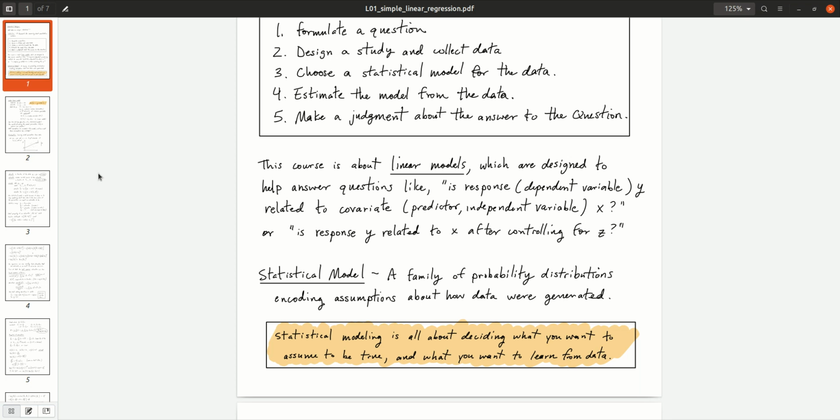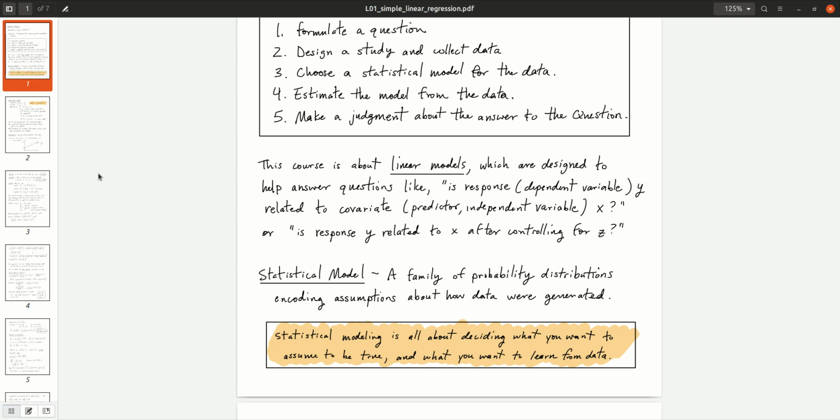There's some notion of probability associated with a statistical model. We represent our uncertainty about what the data are going to be with probability distributions. We have a family of probability distributions, which means we're not saying it's this one particular probability distribution. There could be a range of them that we could have.